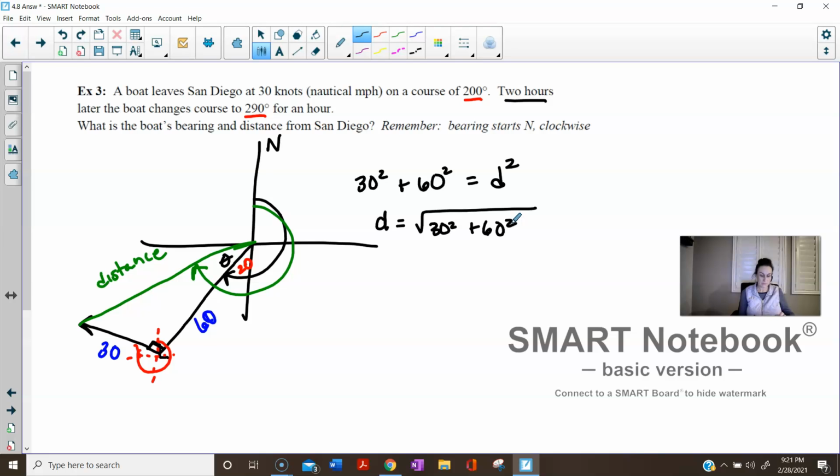Second square root, 30 hit the x squared plus 60 hit the x squared, and you get 67.082 nautical miles. So this side of the triangle is 67.082, and this would be nautical miles.